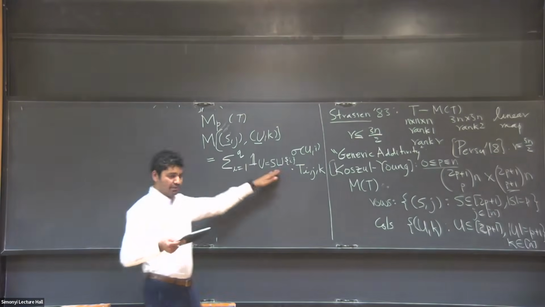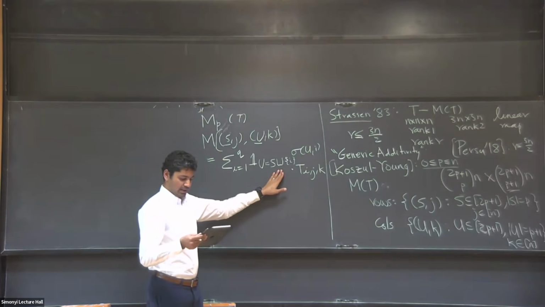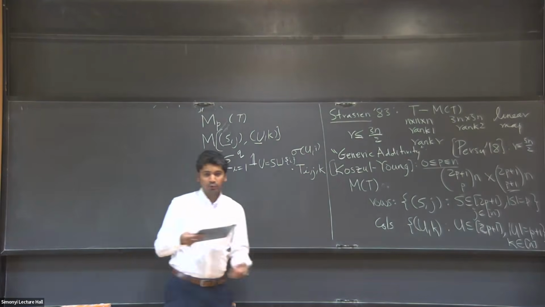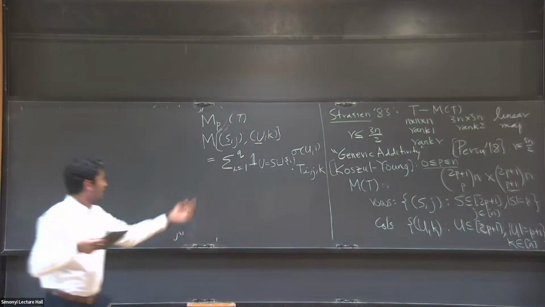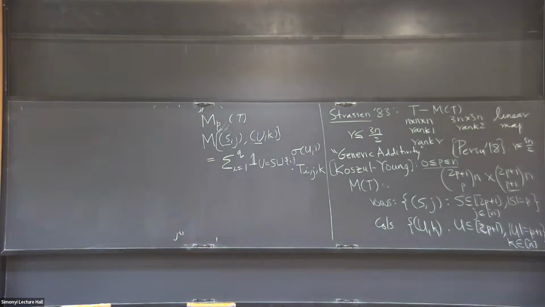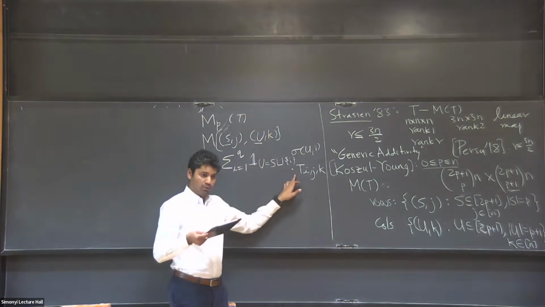Let's say that is I. Then I'm going to take the T_ijk th entry. So I'm looking at the ith slice. You can see that S and U together decide which slice to use. I cannot use more than 1 through 2p plus 1 slices. So I'm using the ith slice now.